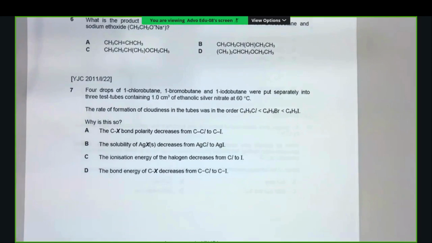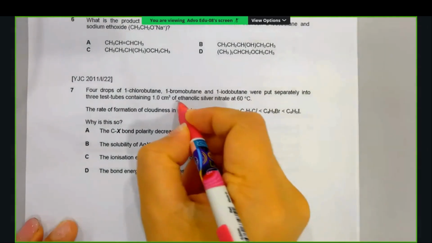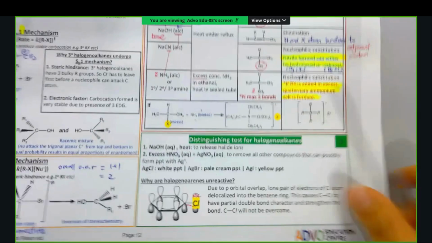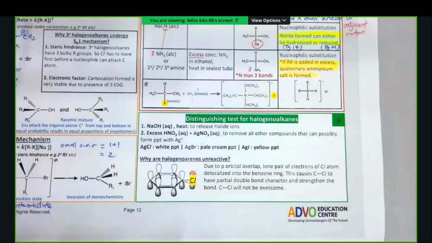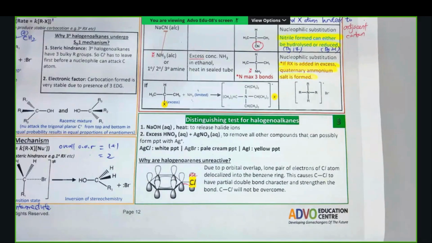Okay, 4 drops of 1-chloro, 1-bromo, 1-iodo were put separately into ethanolic silver nitrate. I think someone asked me what does this do. This one works exactly the same as this. If you look at OPCMF, the one I've given you is in a 2-step manner. Step 1, we add aqueous sodium hydroxide and heat. Then after that, we add excess HNO3 together with silver nitrate.